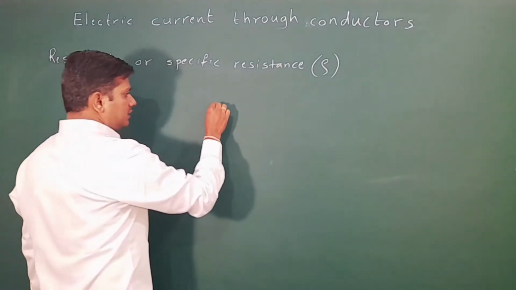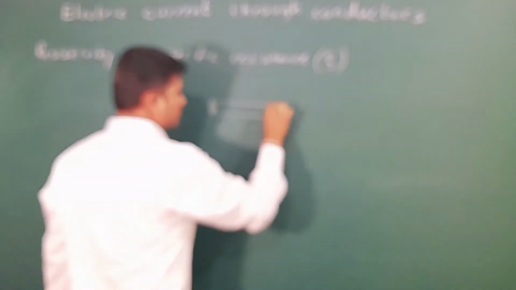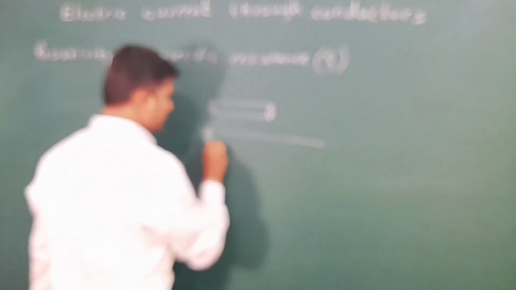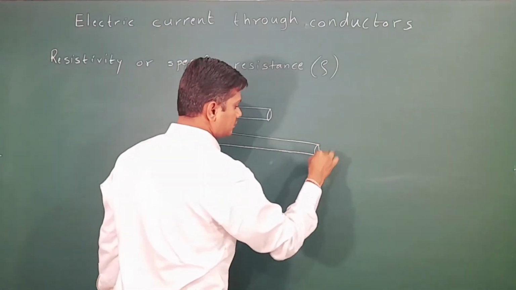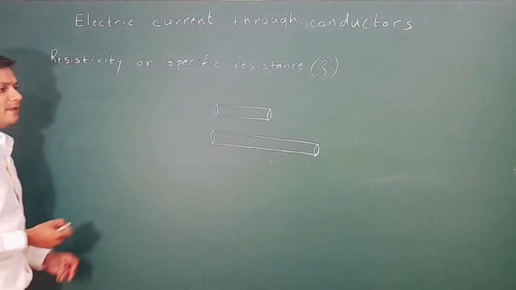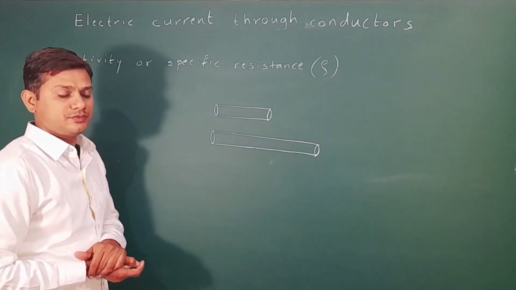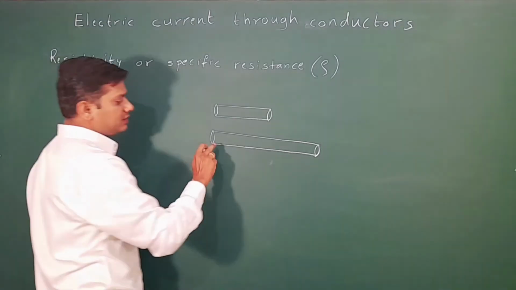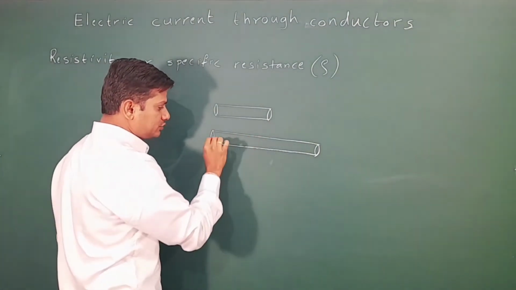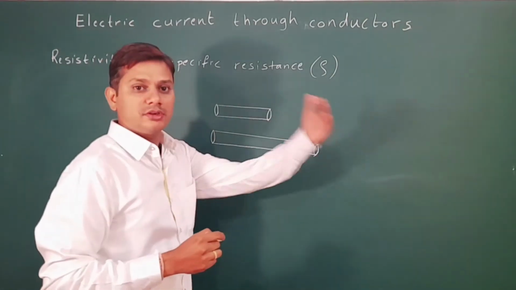Let's say there are two wires having same material, same thickness, but this wire is longer. So tell me, which wire will have more resistance? Obviously, this wire, its length is more. So if one electron is flowing in this direction, it has to overcome more number of atoms to move further.